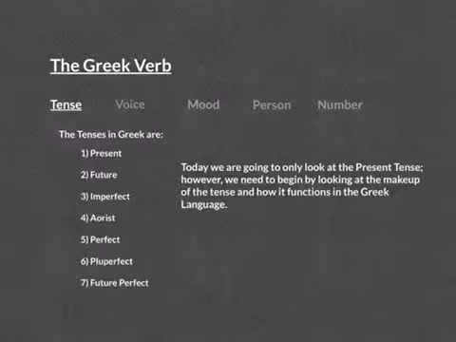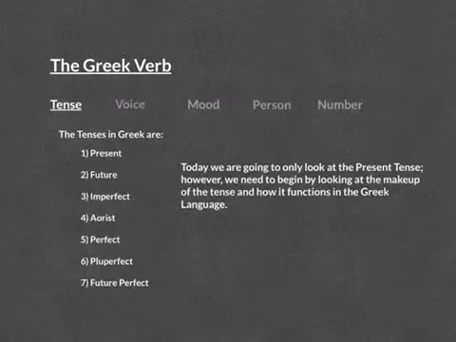The tenses in Greek are right here. There's really six of them, but sometimes you'll see future and future perfect. Ultimately that's just a future, but with the perfect. It's the seventh. What is the sixth? Oh, pluperfect. We'll learn. Trust me.